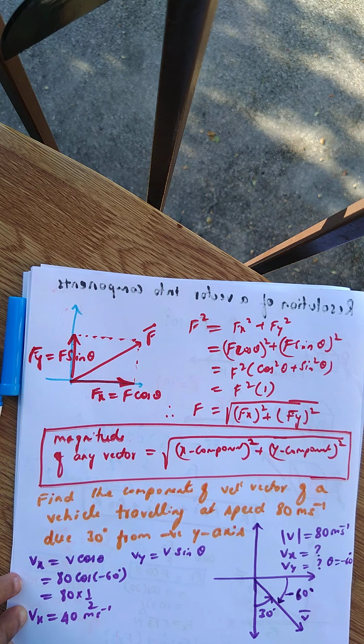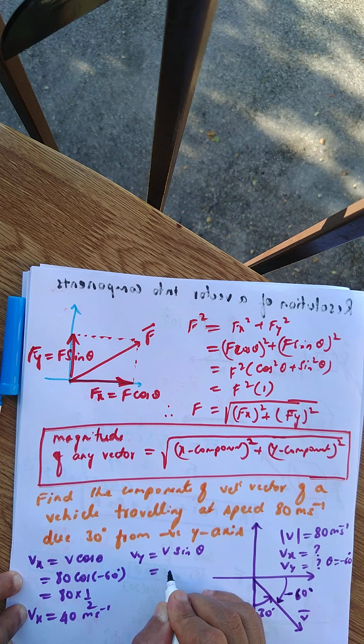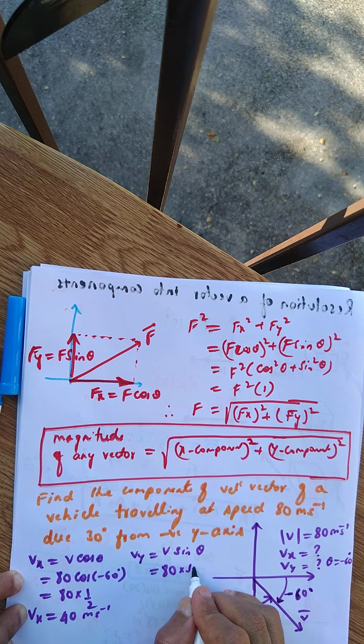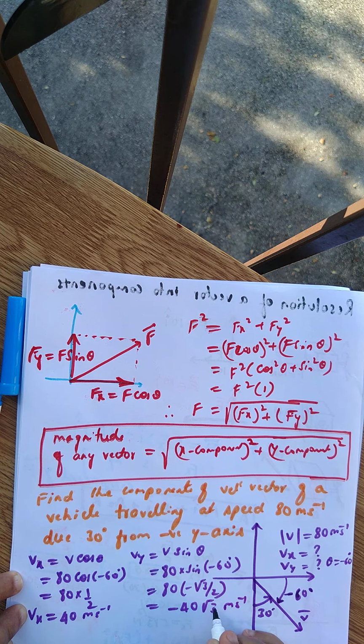X component of velocity. Now the y component of velocity: V is 80, sine of minus 60 degree, 80 into sine of minus 60, which is minus root 3 by 2. So it is negative 40 root 3 meter per second.